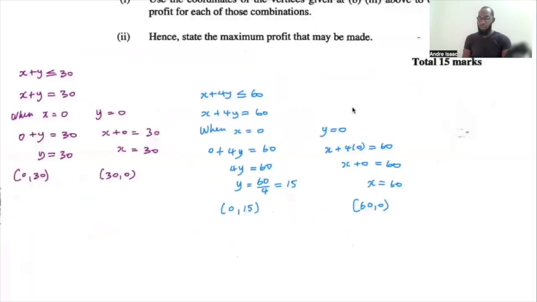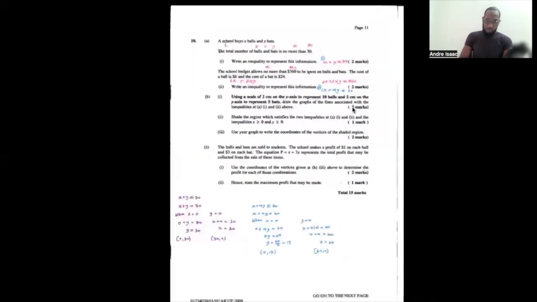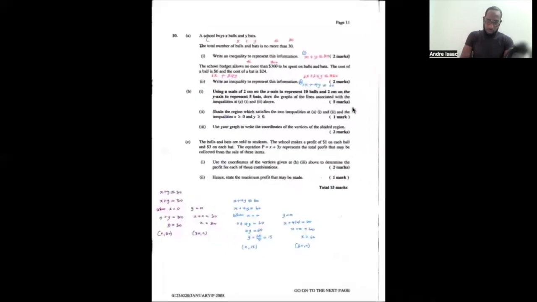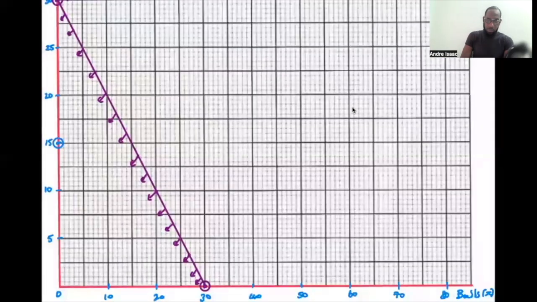We're going to plot 0, 15 and 60, 0. 0, 15 is here, 0 going to 15 is there, and 60, 0 is there. So we need to take a ruler and draw the straight line.